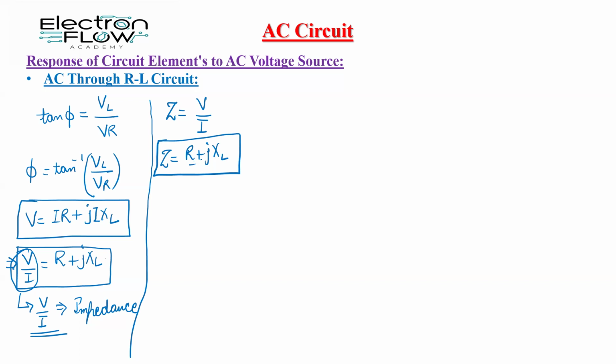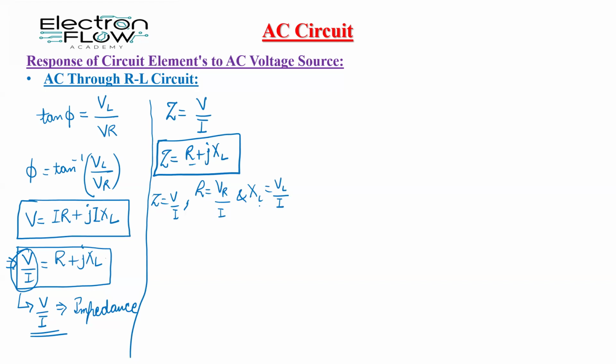Since Z is equal to V upon I, R is equal to VR upon I, and XL is equal to VL upon I. An impedance triangle can be drawn similar to the voltage triangle.